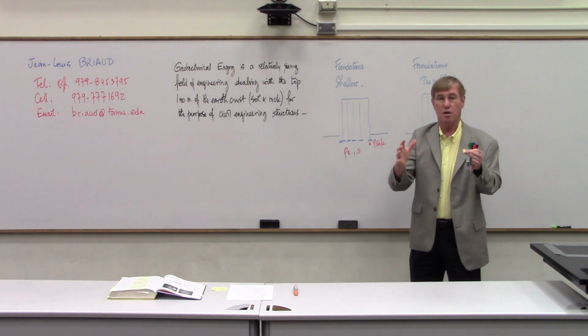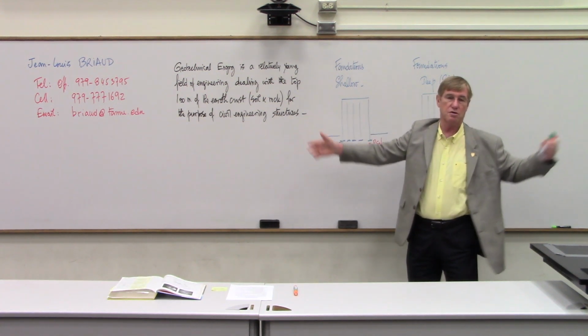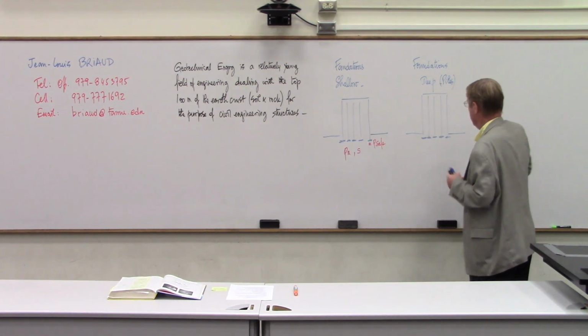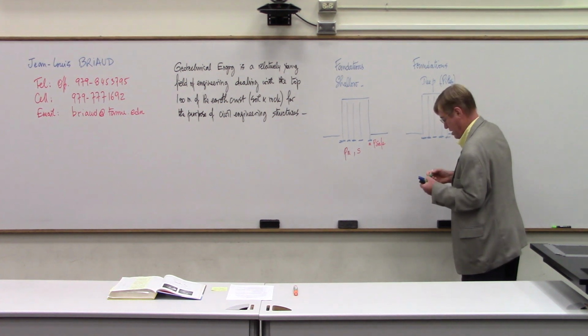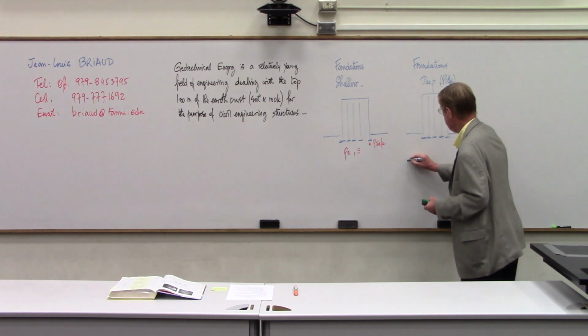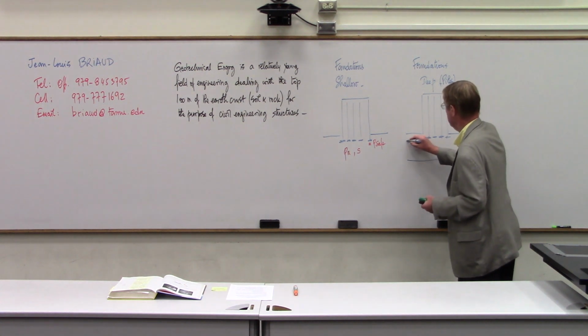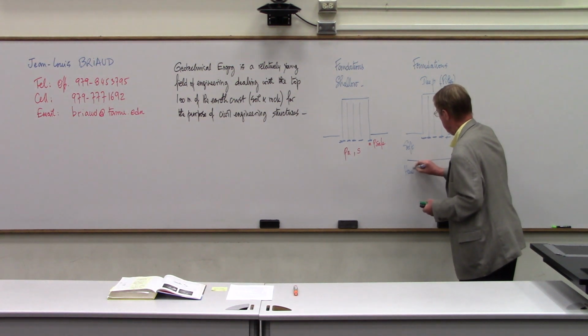They can be as small as 0.3 meters, as large as 3-4 meters sometimes. But you calculate their capacity because there might be at some depth another layer that's quite a bit stronger. So this might be soft and this might be hard.